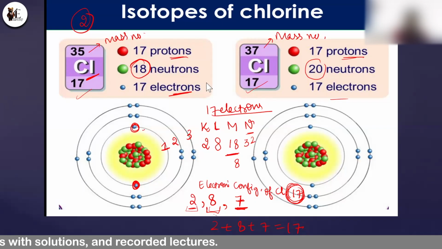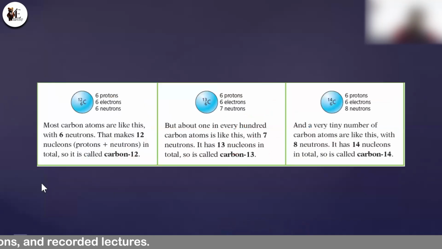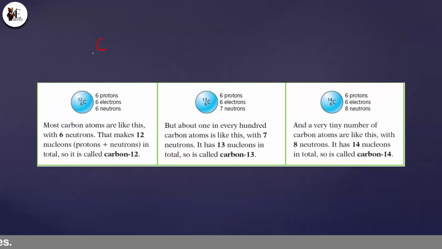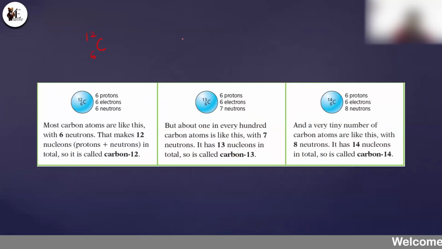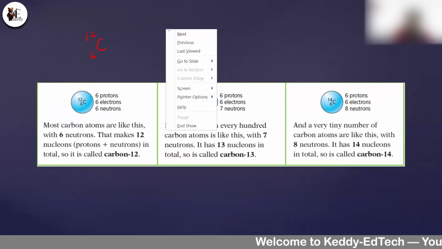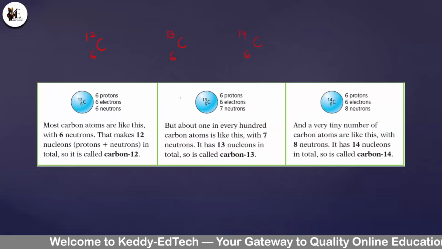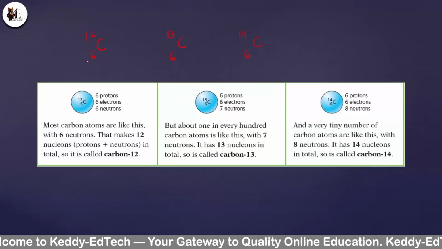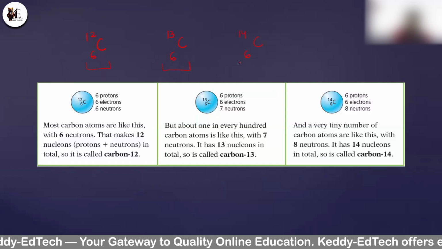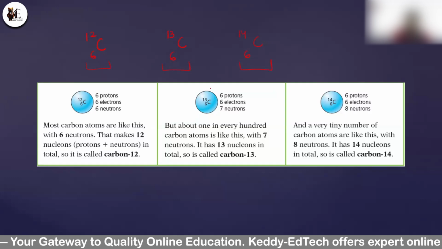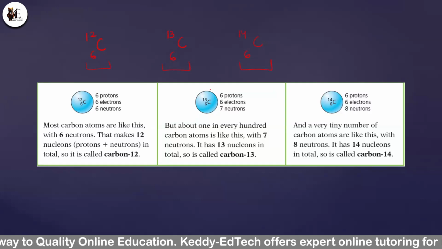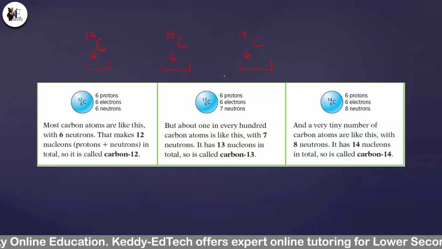Now let us study the third example for the isotopes. The third example is carbon. Okay, one is this carbon. The atomic number is the same. You can see the atomic number. What is the atomic number in all these three cases? Tell me. First one is 12.